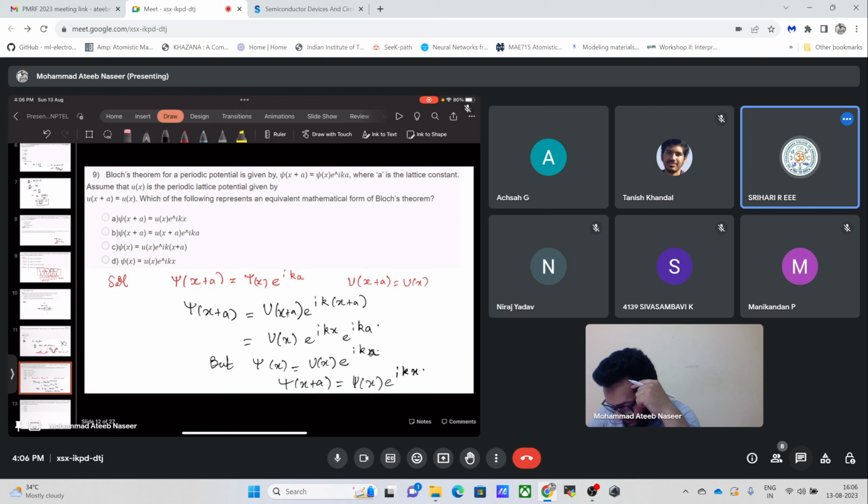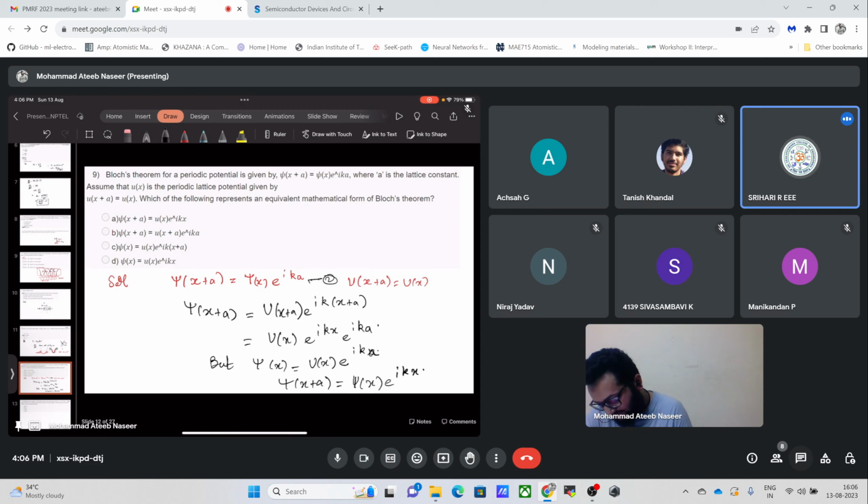Okay, okay. Okay, I have written it to be here. U of x e to the power ika. But sir, the red color equation LHS can be equated with this, sir. You are saying this equation? Yes, sir.